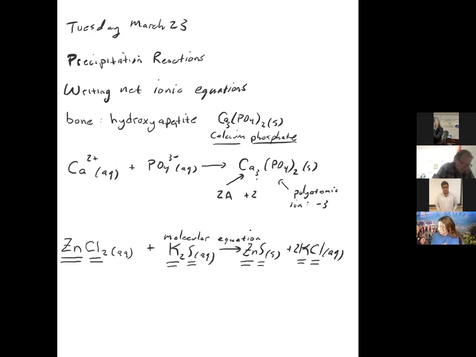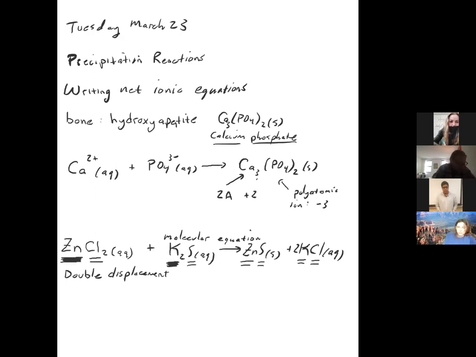Now, what I want to show you is what happens essentially here, what's called double replacement. And that's an aspect of precipitation reactions, double displacement. Sometimes the term is replacement, double replacement. But essentially what's happening is the first part of the first compound, so that's the zinc, is displacing the first part of the second compound. They're essentially switching partners.